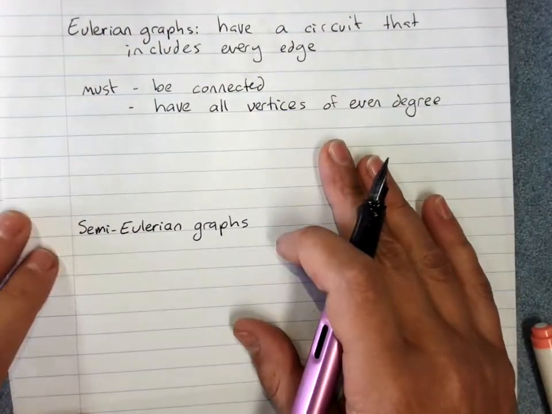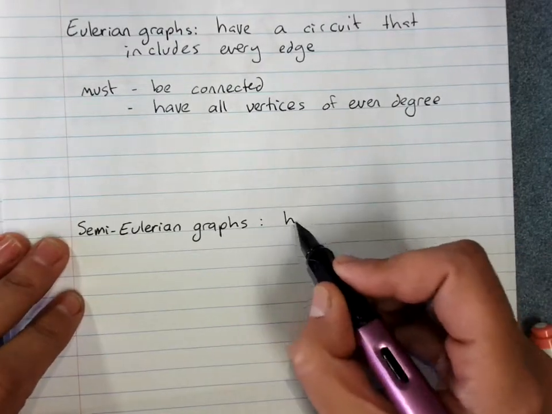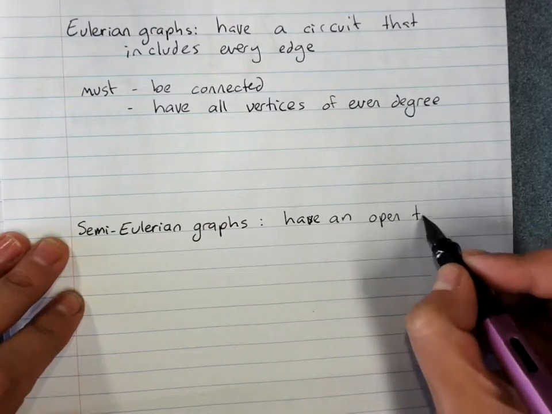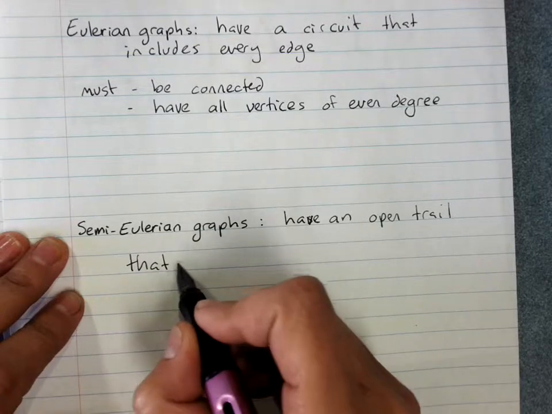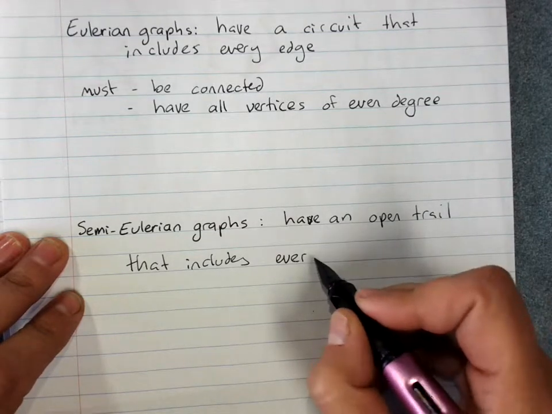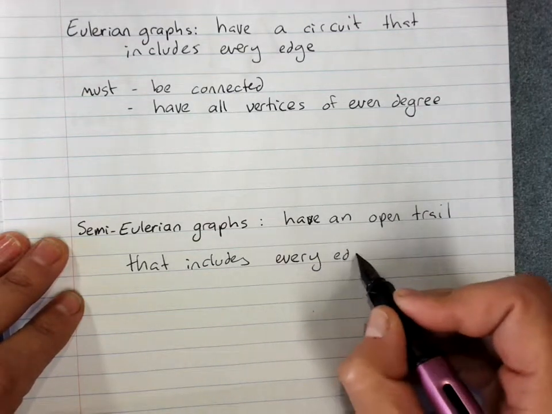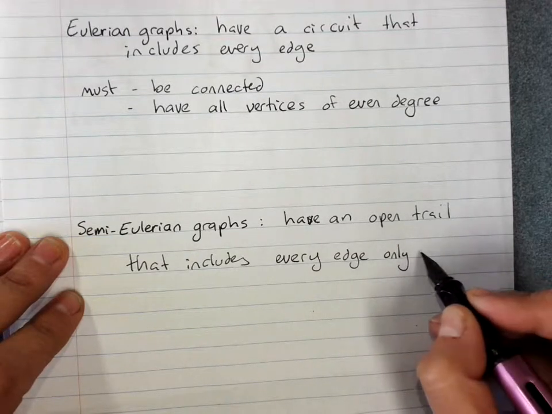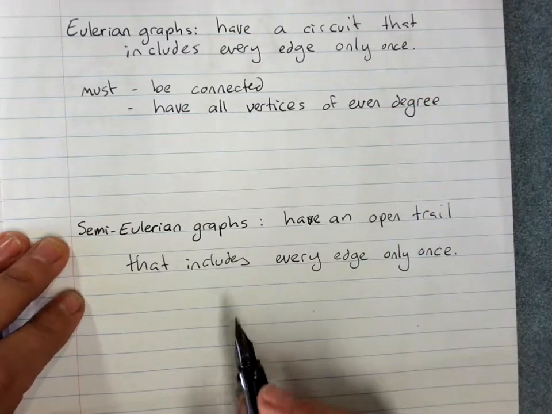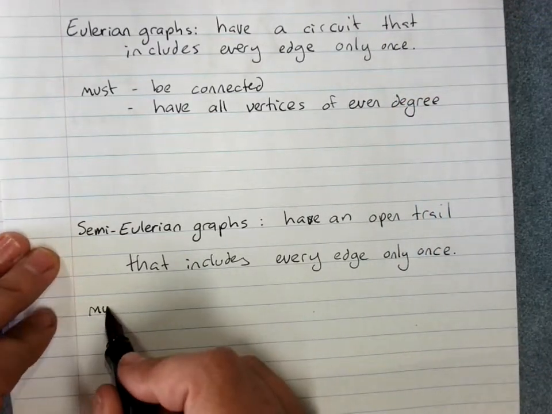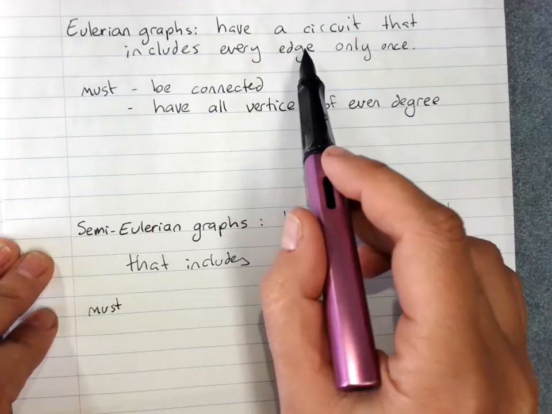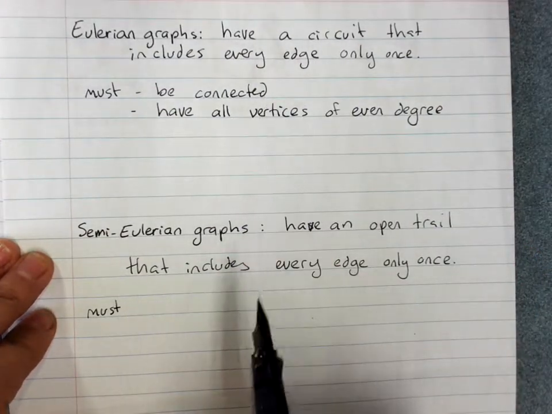A semi-Eulerian graph has an open trail. Sorry, I was in the plural there. Sorry, my writing got messy there. Has an open trail that includes every edge only once. I probably should have said only once up here. And so an Eulerian trail and an Eulerian circuit include every edge only once.